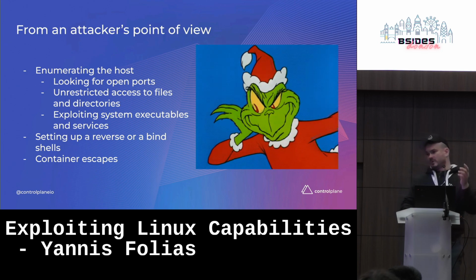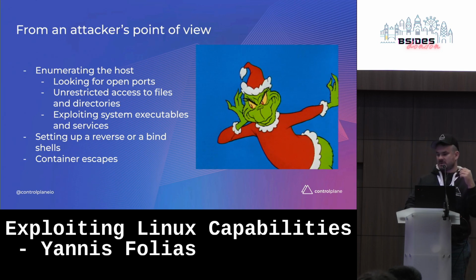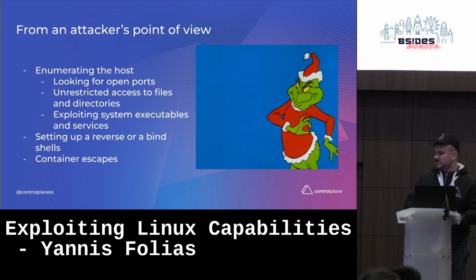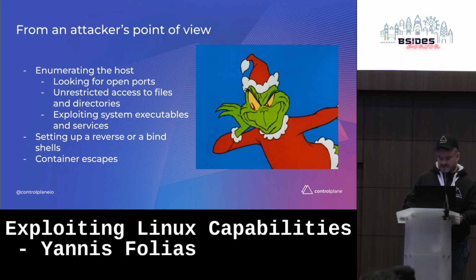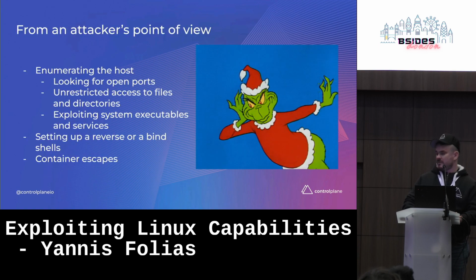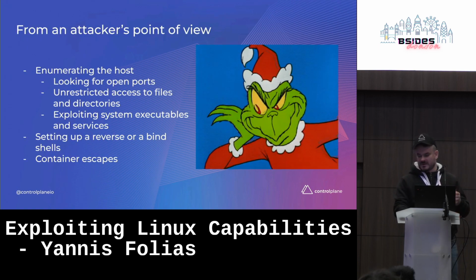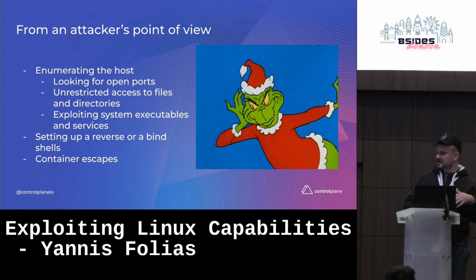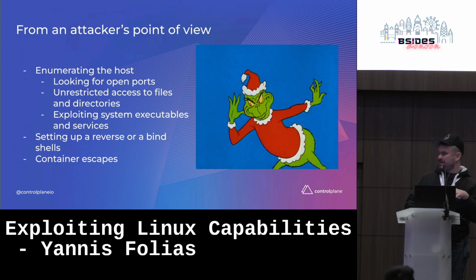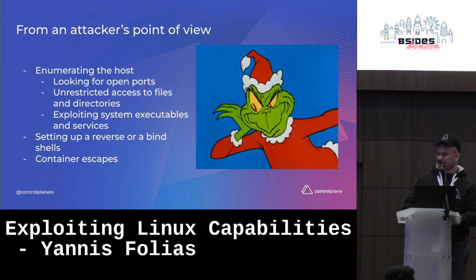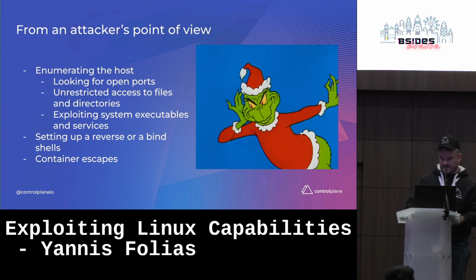And for containerized environments in particular, they would be looking for ways to escape the container. One of the scariest things is that capabilities provide all these options to an attacker, and they would be able to take advantage of them.